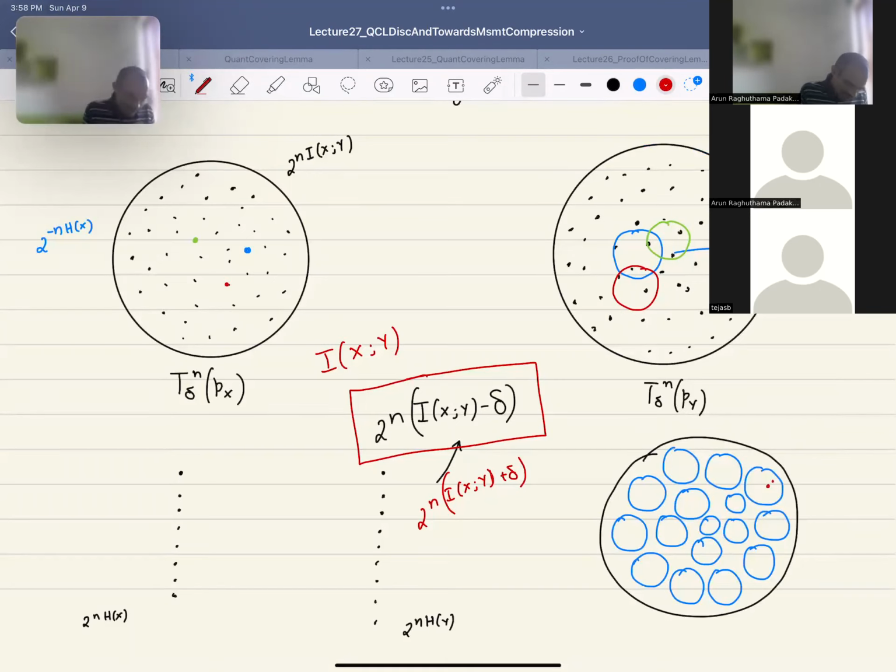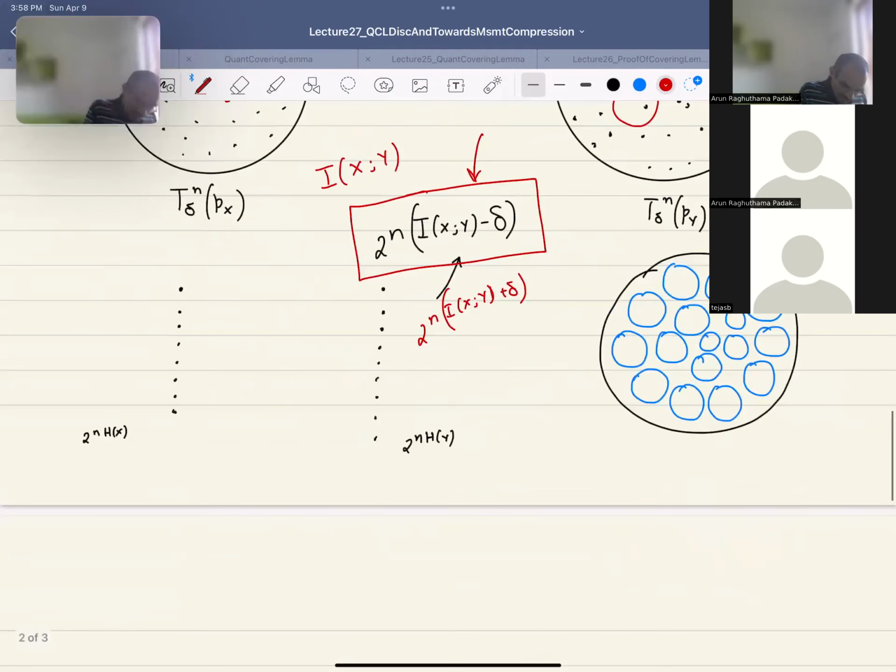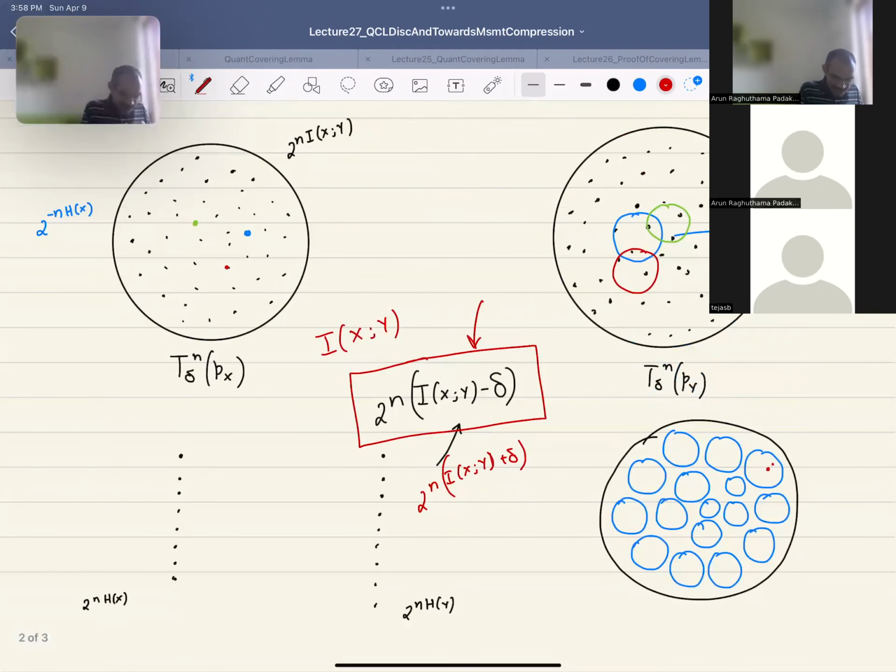So that's the key point with this. You see a sharp transition happening. The distribution before I of x colon y is concentrated on blocks without intersections, and the distribution after you pick 2 power n I of x colon y sequences is completely spread all over the area.